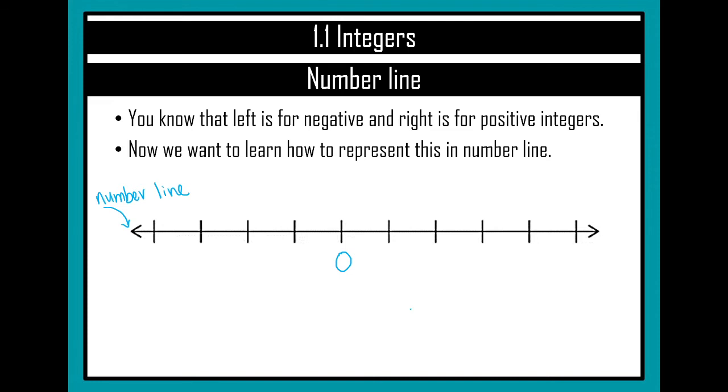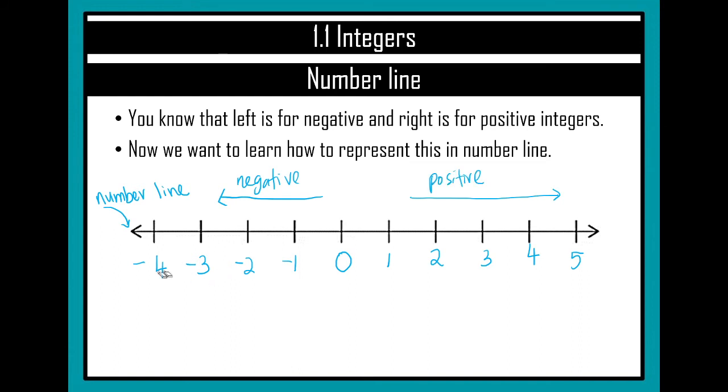On the right side, after 0 is 1, 2, 3, 4, and 5. This is what you already learned. Now on the left side, we repeat the pattern, but this time with the negative: negative 1, negative 2, negative 3, negative 4. Remember, the left side is for the negative numbers, and the right side is for the positive numbers.